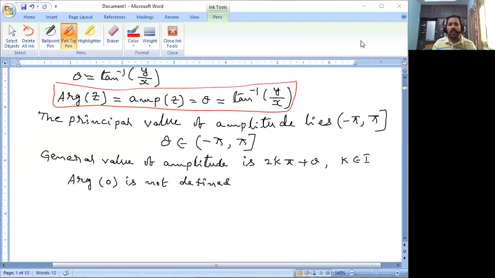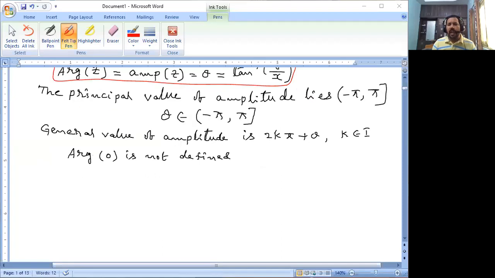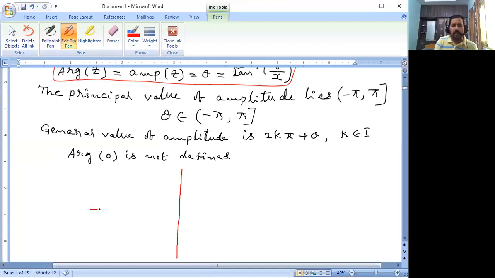Now, how to find the amplitude of a complex number in different coordinates? Now see here, draw the coordinate system. This is x-axis, this is y-axis, and this is origin.